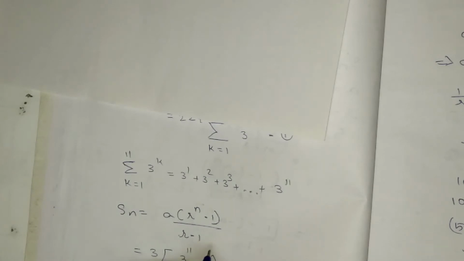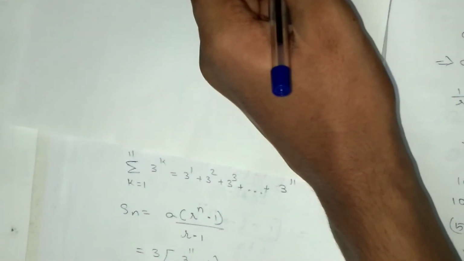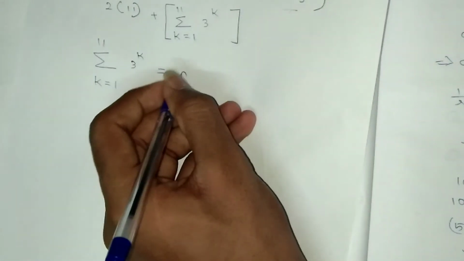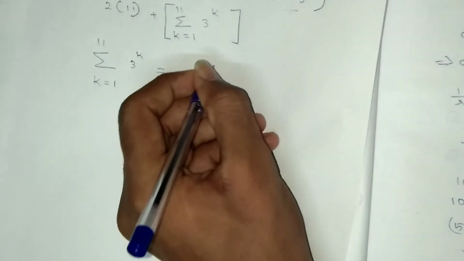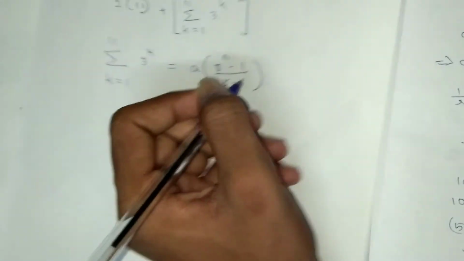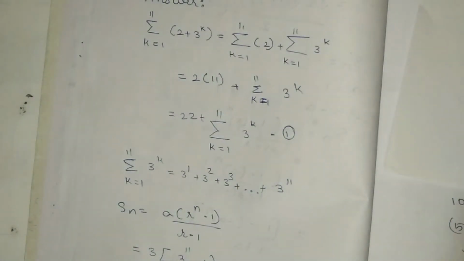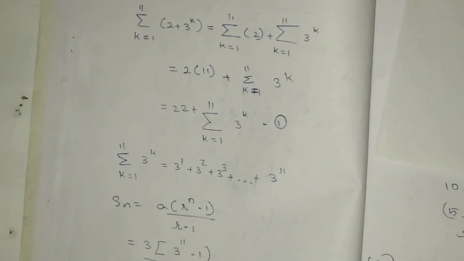See guys, this formula, as I have already told you, you have to substitute that. I already told you to learn this formula by heart, right? You have to substitute that in this formula. Now we know the value of a, right? From this step I will teach you.